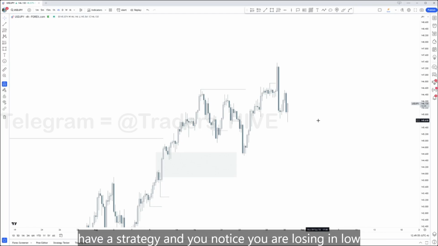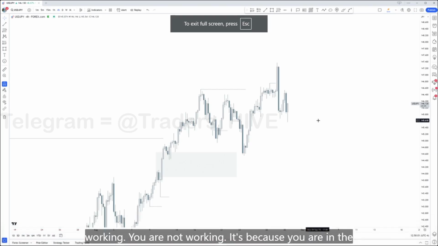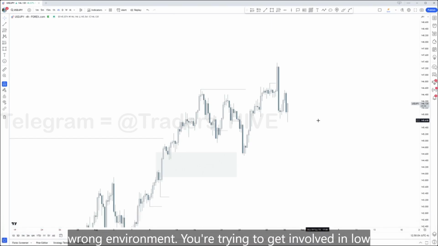Because if you do that, then of course, I want to emphasize this one more time. When you have a strategy and you notice you are losing in low probability conditions, it's not that the strategy isn't working, you are not working. It's because you are in the wrong environment. You're trying to get involved in low probability conditions. And why is that so important to understand? Because if you're then trying to fix your strategy and trying to implement changes, what will happen?